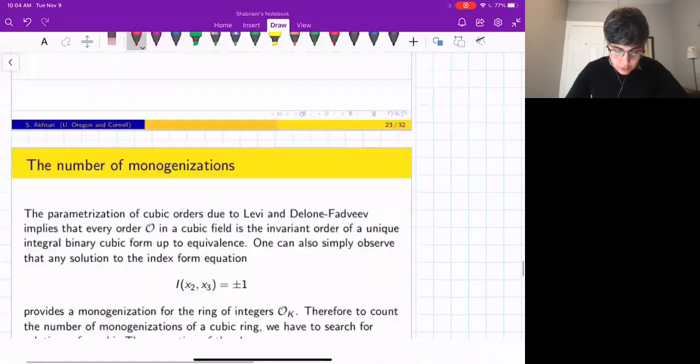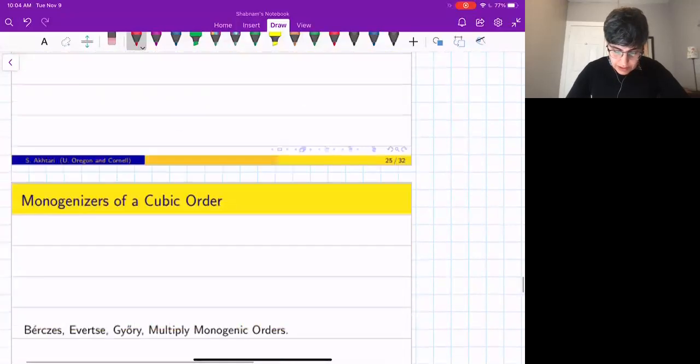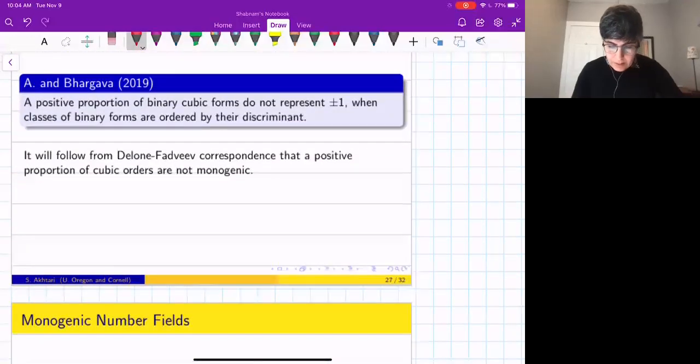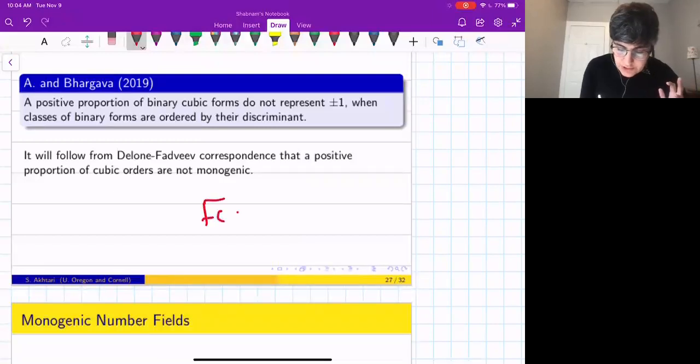I want to go very quickly through a couple of things. So this slide I mentioned before, we proved a more general result, but for binary cubic forms, we proved that many cubic Thue equations of this form have no solution.